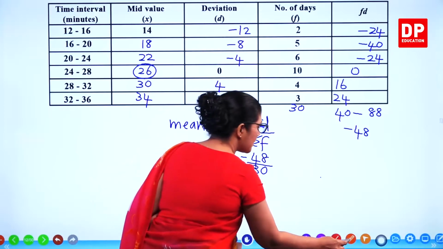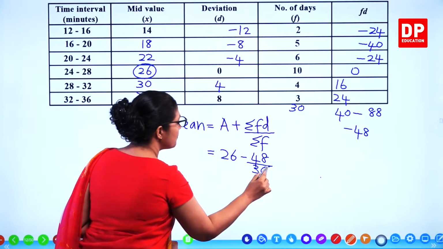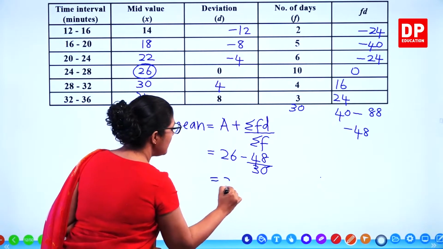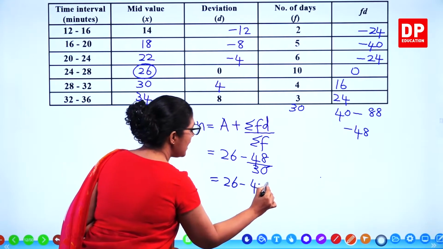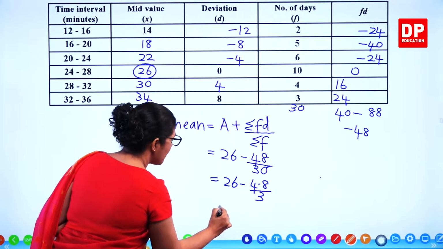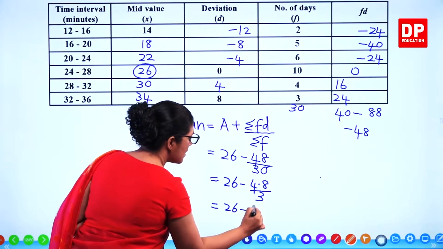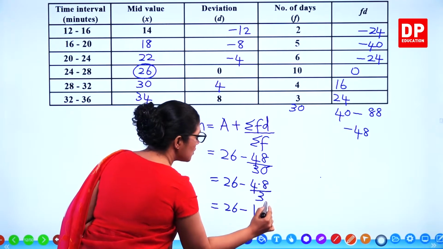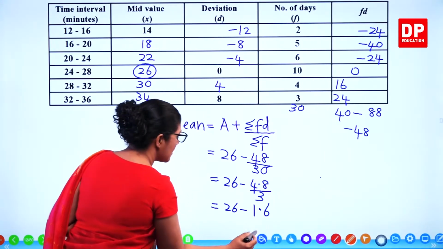So you get, divide by 10, that means 4.8 divided by 3. So 26 minus 1.6.